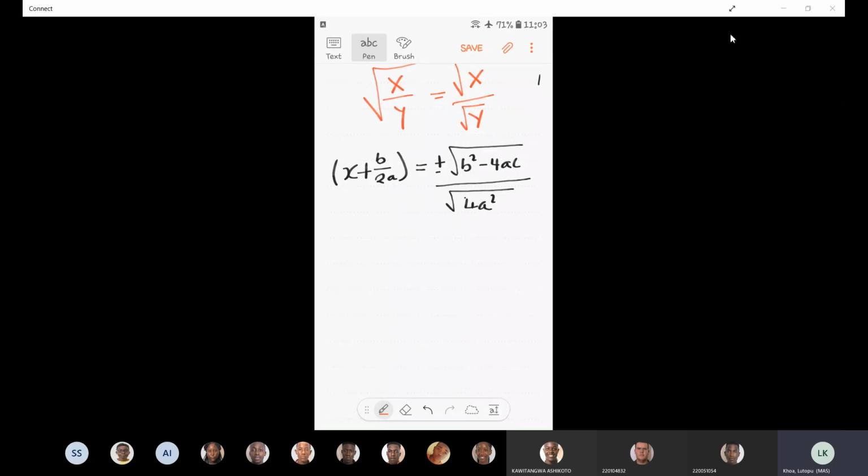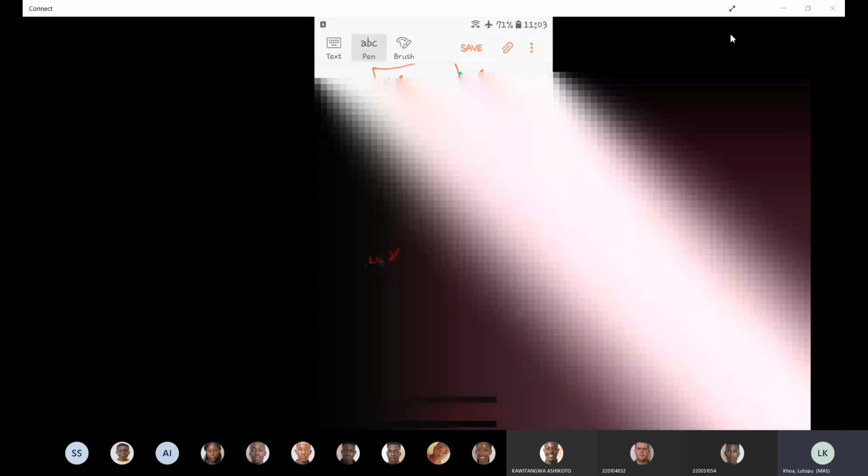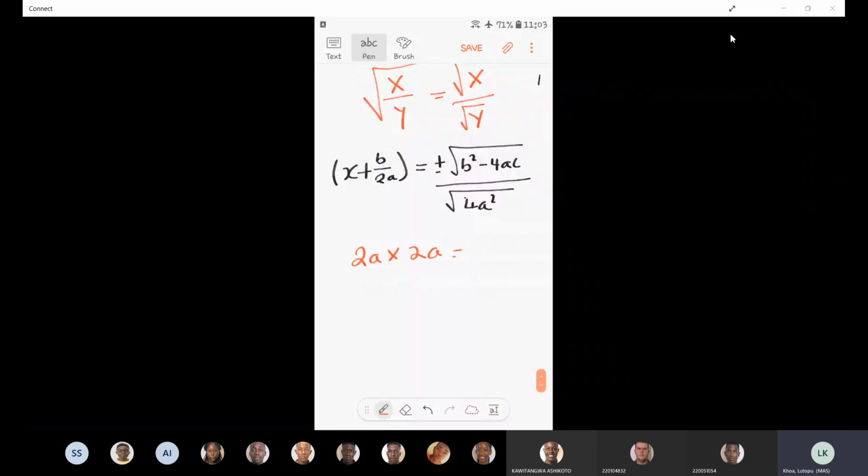Okay, the square root of 4a squared is 2a, because 2a times 2a is equal to 4a squared, and this is the same as (2a) squared. So when I take the square root, you will see that the square root and the squared cancel, and I will be left with 2a.